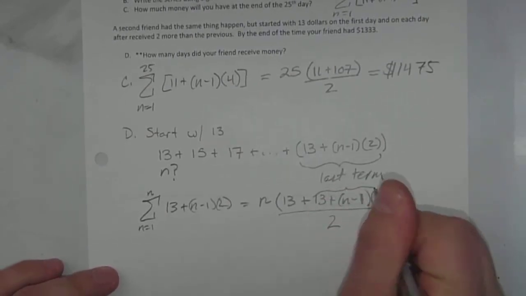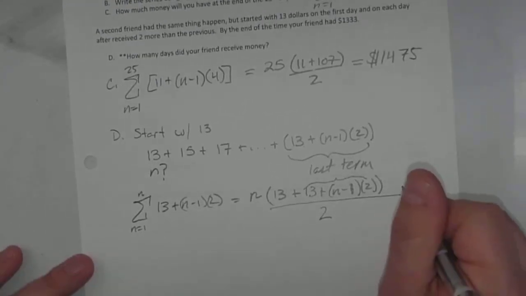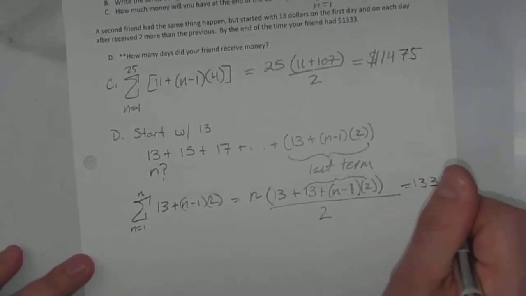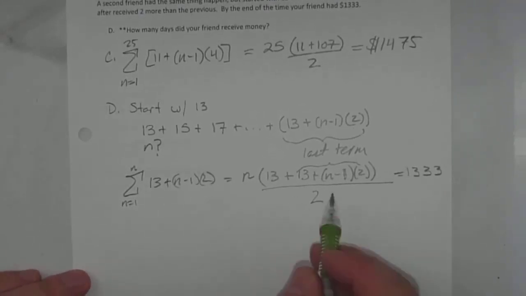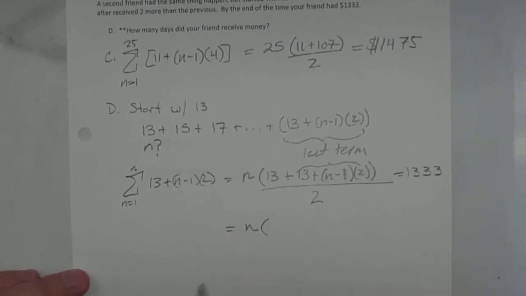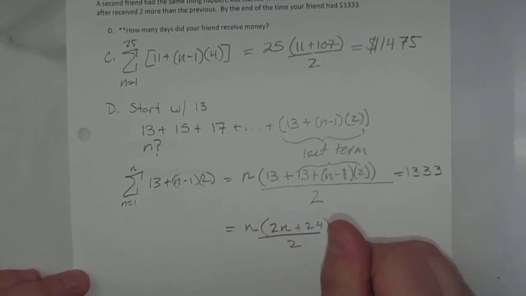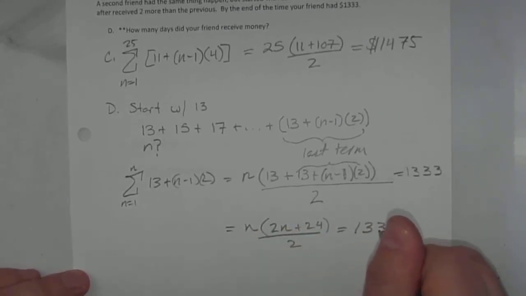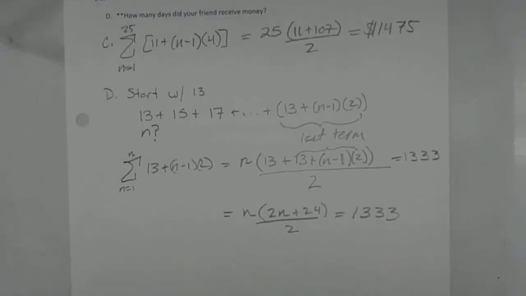Again, this here is the last term. And I know this is going to equal 1,333. Now, we're just going to simplify inside here. n times 2n plus 24 over 2 equals 1,333. So this is the equation I need to solve.